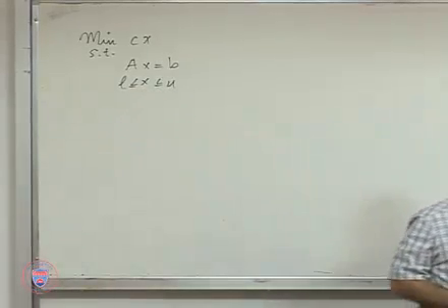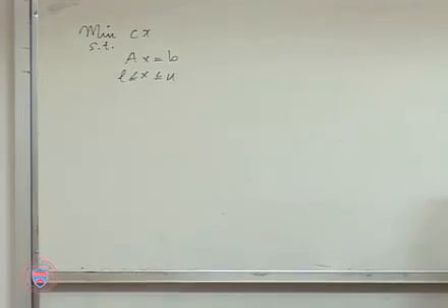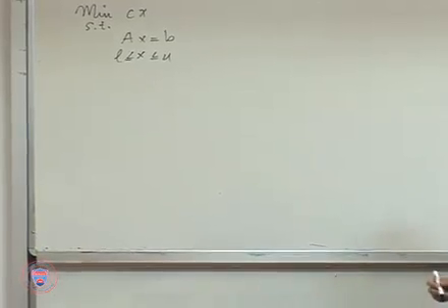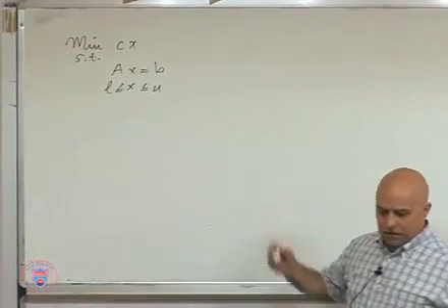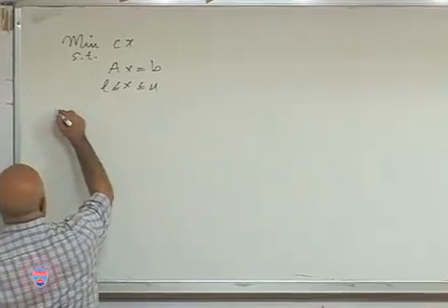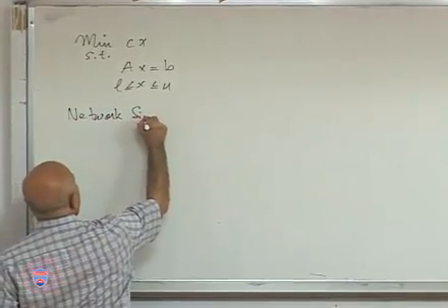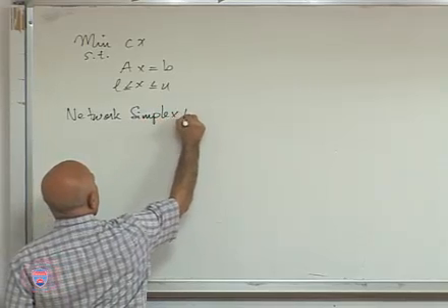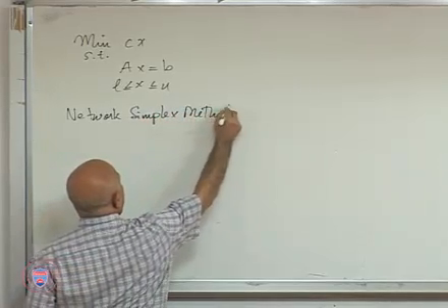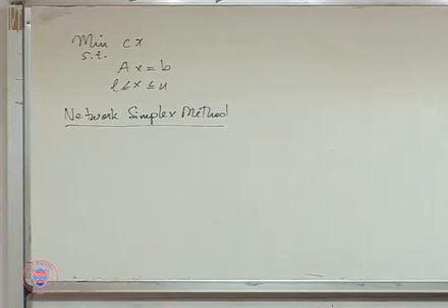And for that case, I gave you the basics of the network simplex method. Adapting the network simplex method to this case is not really difficult. So let me just give you the basics here.